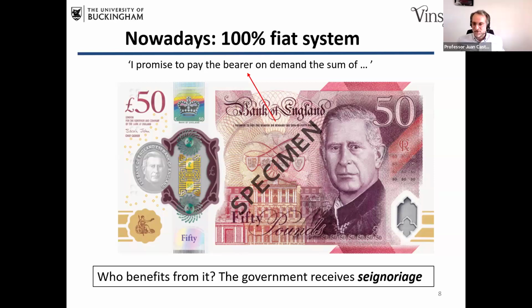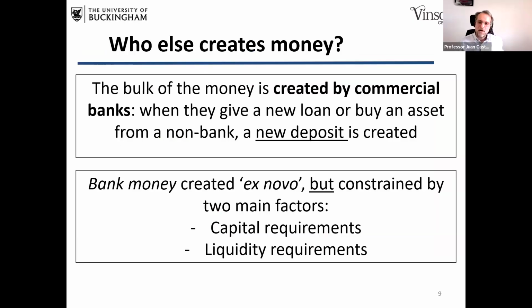So if you just do the maths, 50 minus 10p, well, that's quite a margin, isn't it? Times the total volume of notes issued in the country, that gives you a meaningful seigniorage for the government. But who else creates money in a modern economy?